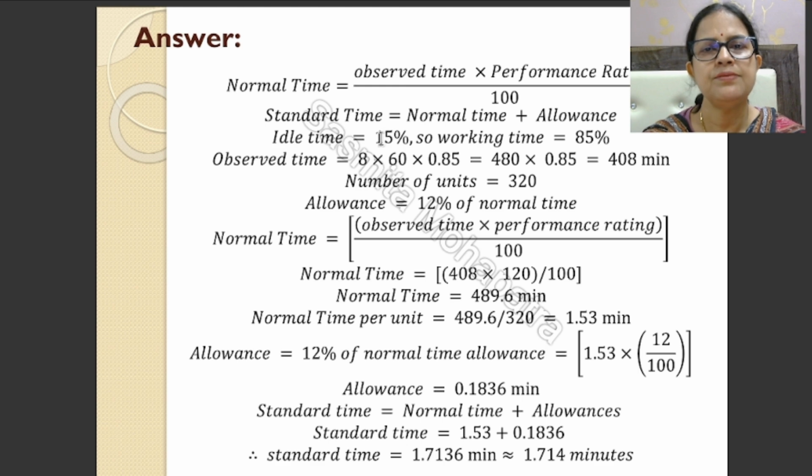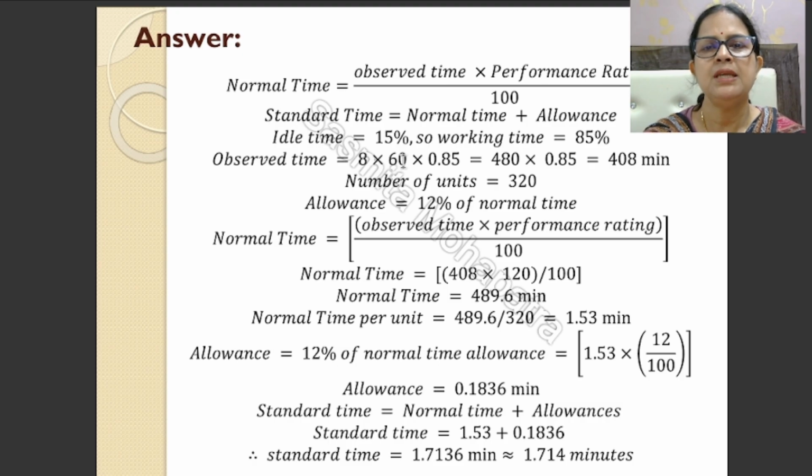Idle time is 15%. So what is the working time? If you take 100%, 15% is idle time, so the work time is 100% minus 15%, which is 85%. So what is observed time? Observed time is from the total 8-hour study: 8 into 60 into 0.85, that is 408 minutes, because our total study is 480 minutes.